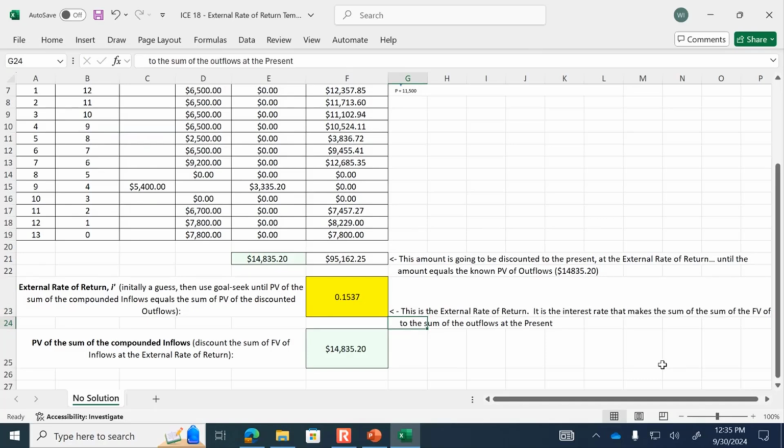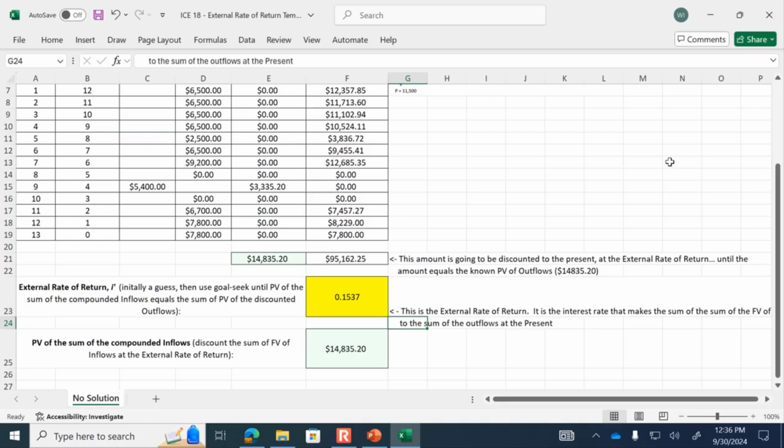15.37%. So this is generating all of these profits over time, but the place where I'm putting those profits only pays 5.5%. So what the external rate of return takes into account is both the quality of your secondary investment and what yield it generates for you, and then also it takes into account the rate at which the profits are being generated.